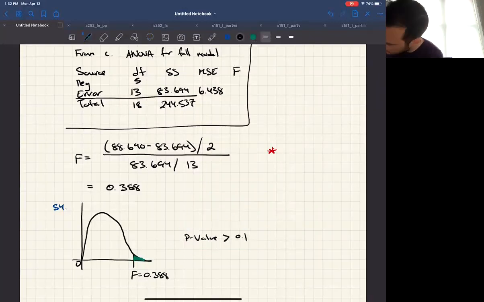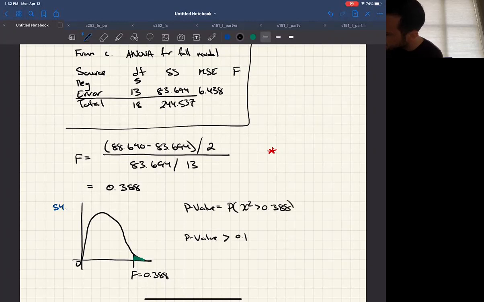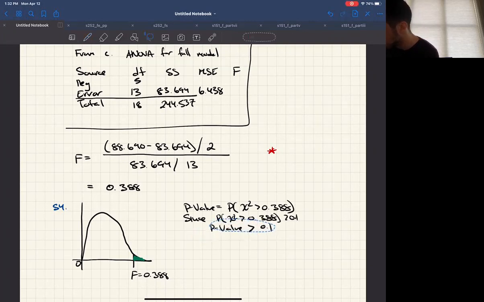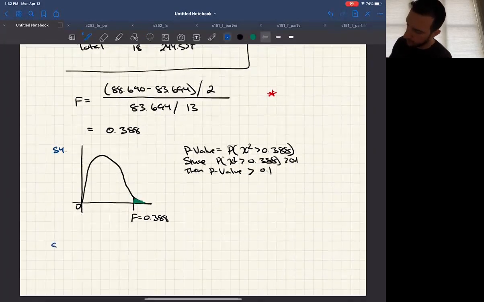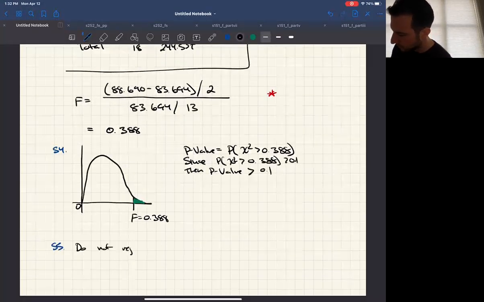So the p-value is equal to the probability that an F exceeds 0.388. Since the probability that an F exceeds 0.388 is greater than 0.1, the p-value is greater than 0.1. Then on step 5, we do not reject H0.